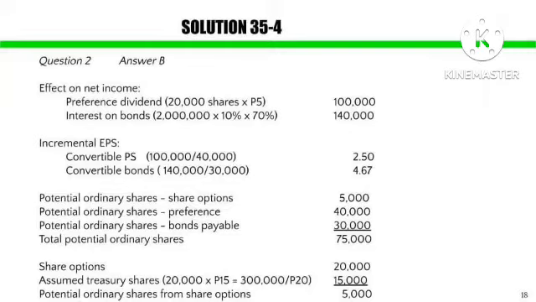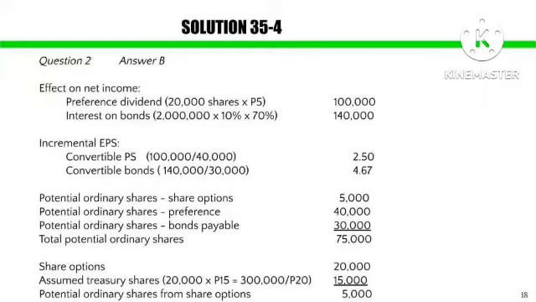So, 20,000 multiplied by 15 per share is equal to 300,000. Ito po yung ating proceeds na kailangan po nating i-divide sa average market price na 20 pesos and makukuha po natin yung 50,000. Last lang po natin yun. We have potential ordinary shares from share options na 5,000. Saan po galing yung potential ordinary shares na preference? Given po yan.